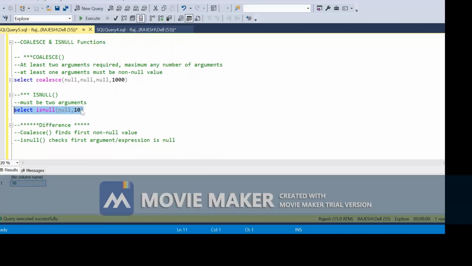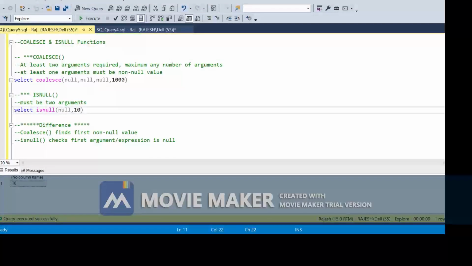So this is not a null value. The isnull function checks whether the first value is null or not. If it finds the first value is null, then the null value will be replaced with the second value.